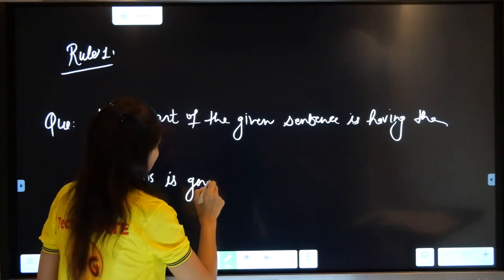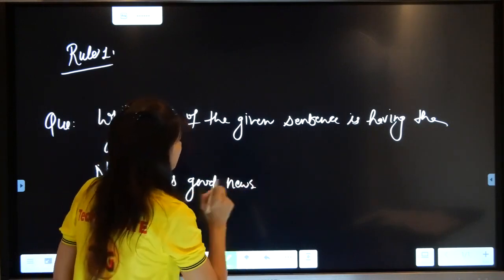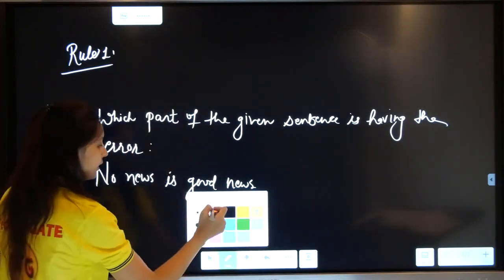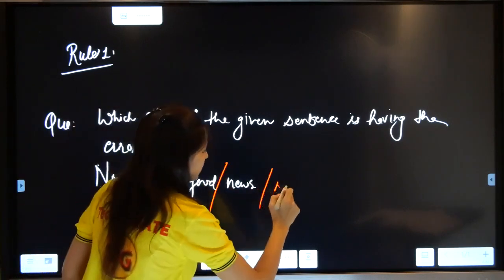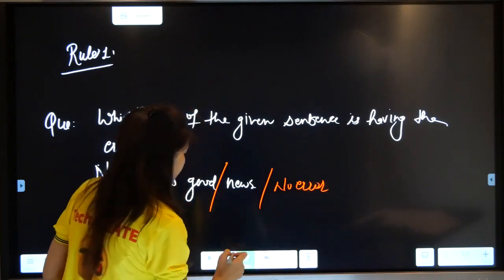is good news, then this sentence will be divided into different parts. In last, no error will be given.